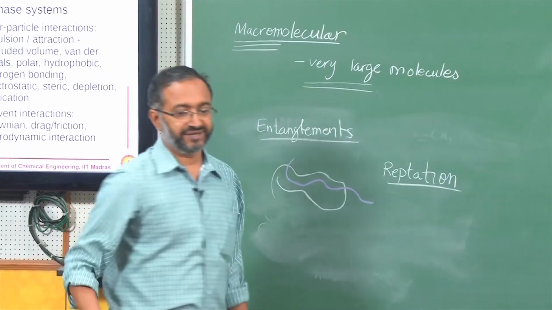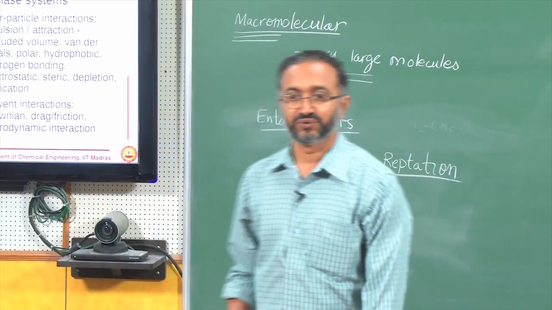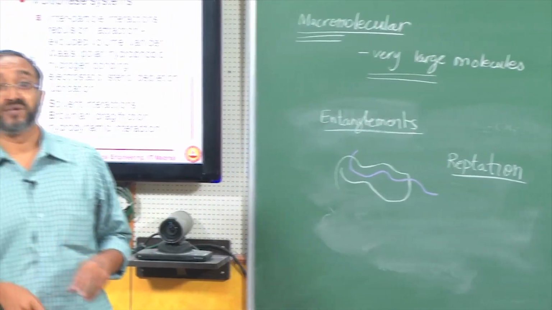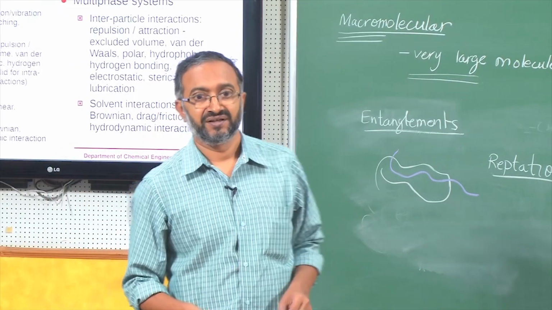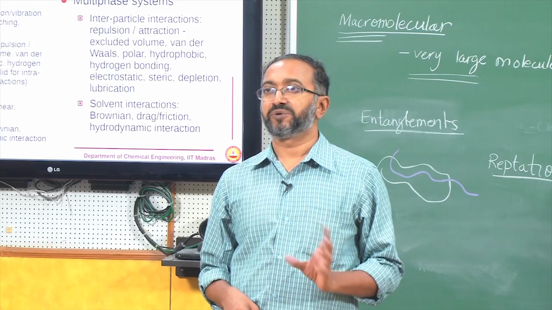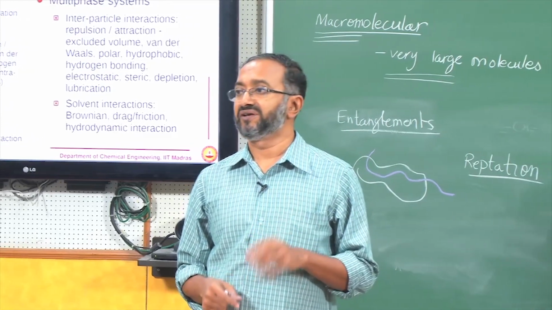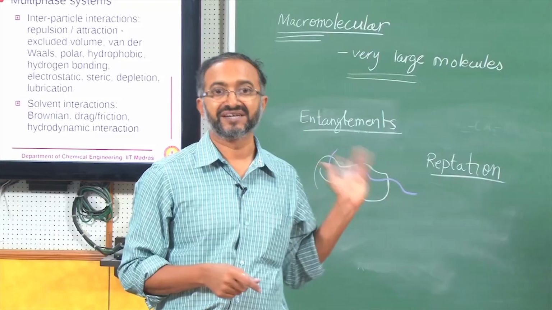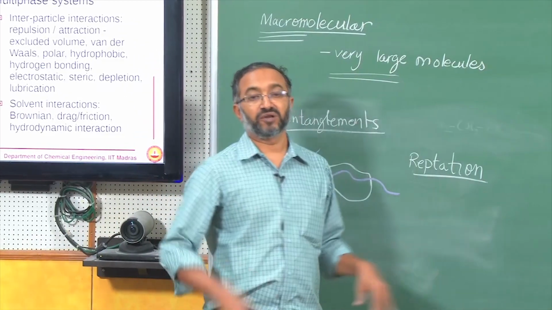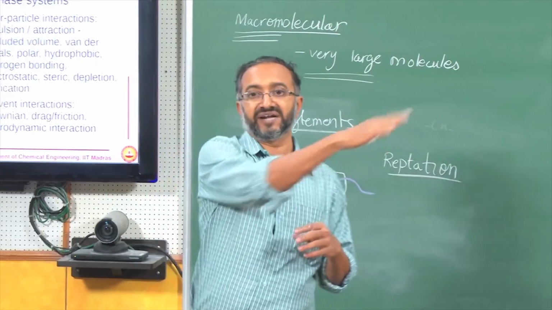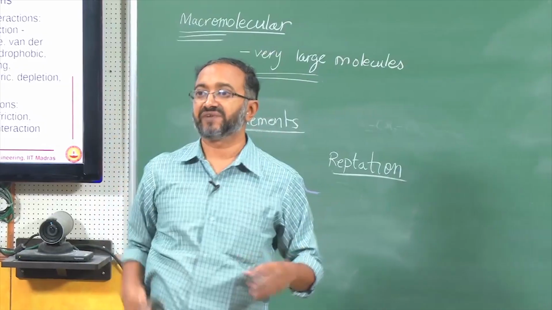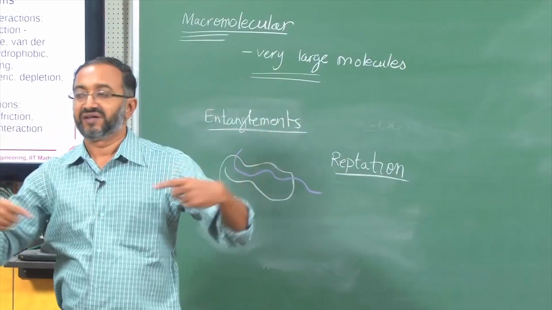In fact, this was a key finding during the 70s, to use the models related to reptation to describe the behavior of polymer melts and how viscosity or many other properties of polymer melt depend on the microscopic feature, mainly the entanglement. It was described using theories of reptation, where wherever the head goes the tail will follow, because in general it is confined by other molecules in a tube.